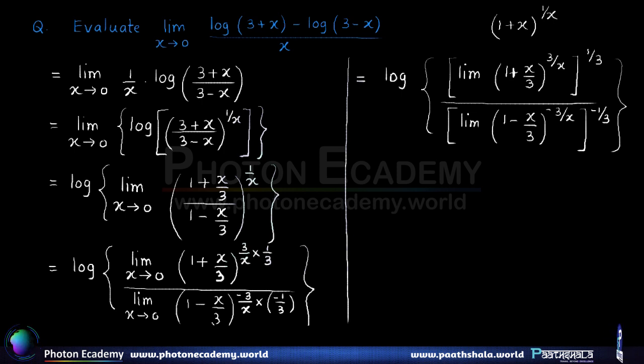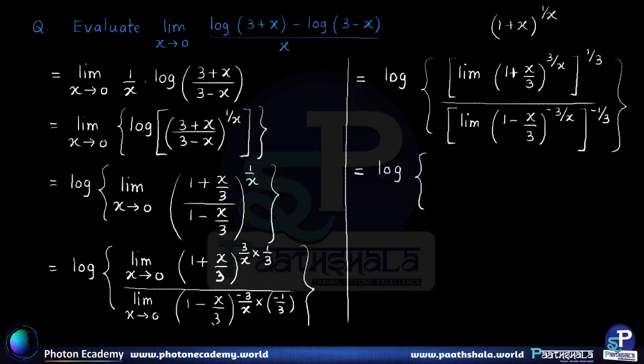So simplifying that further we have log of. Now if we see the limit in the numerator is the standard result, which is e. Of course I forgot to write its limit as x tends to 0.